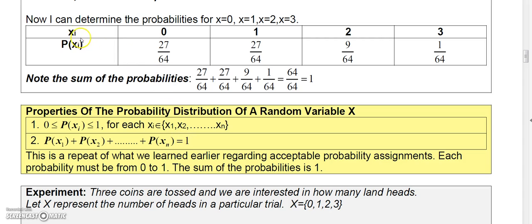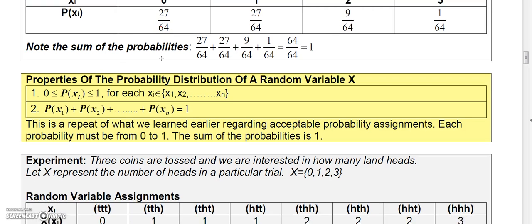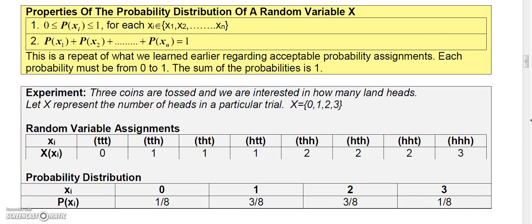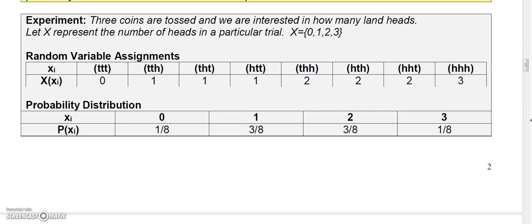So if you go back up here to the one I did in the previous video, each of these numbers ranges from 0 to 1, and then if you add up each of these probabilities, they add up to 1. So that's basically what has to be true for a probability distribution.